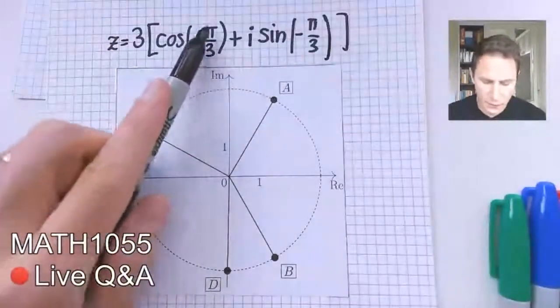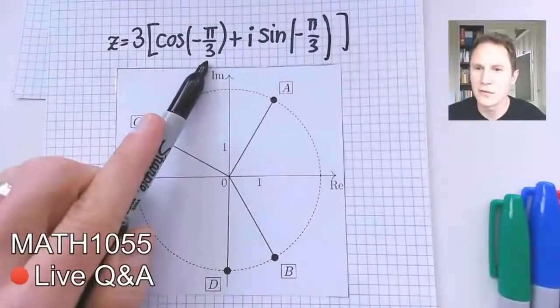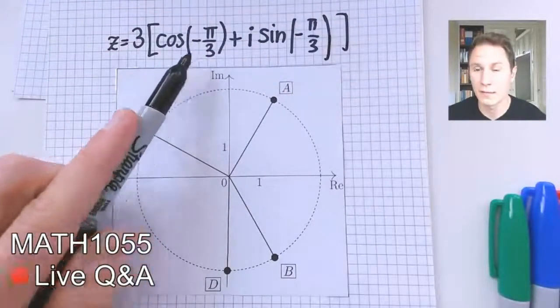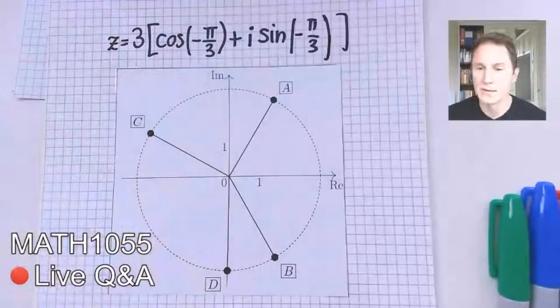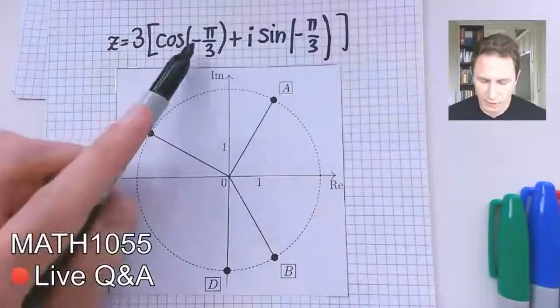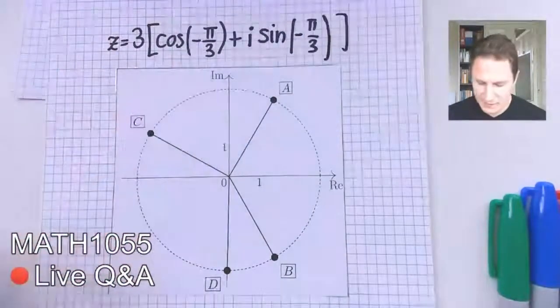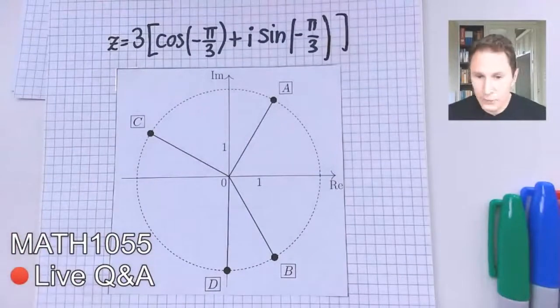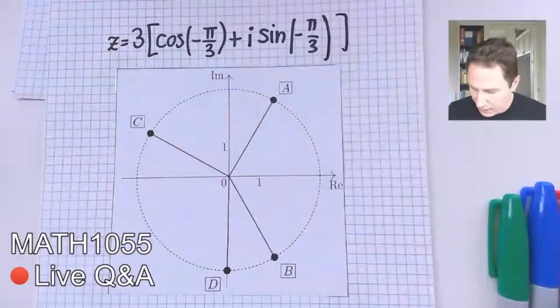So it's negative pi over 3, that's minus 60 degrees. Pi radians is 180 degrees, so minus pi over 3 is negative 60 degrees. And you just have to remember how to measure the angle.